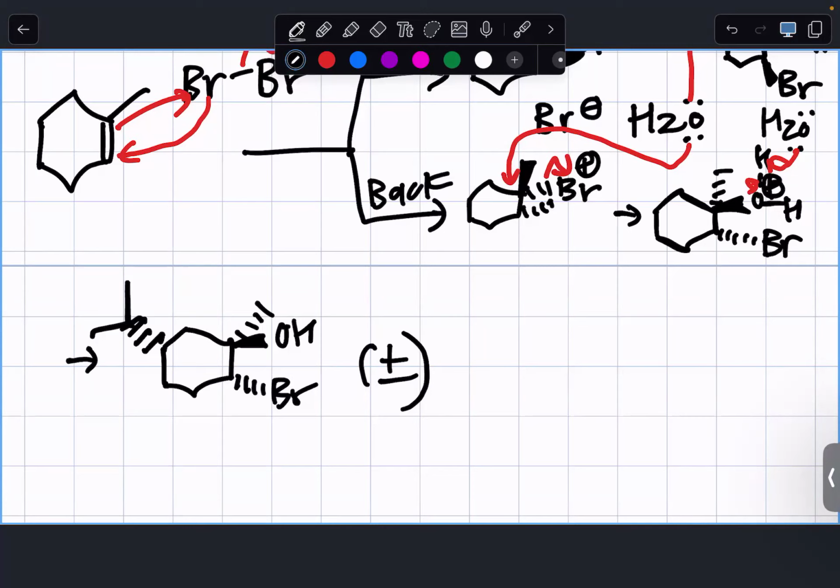The other product would be just these two chiral centers are flipped. This one does not change at all. Yep, those are diastereomers. So if you had a pre-existing chiral center, don't do that. You can only do that when all the chiral centers swap. This means enantiomers, right? Or you could say plus enantiomer.